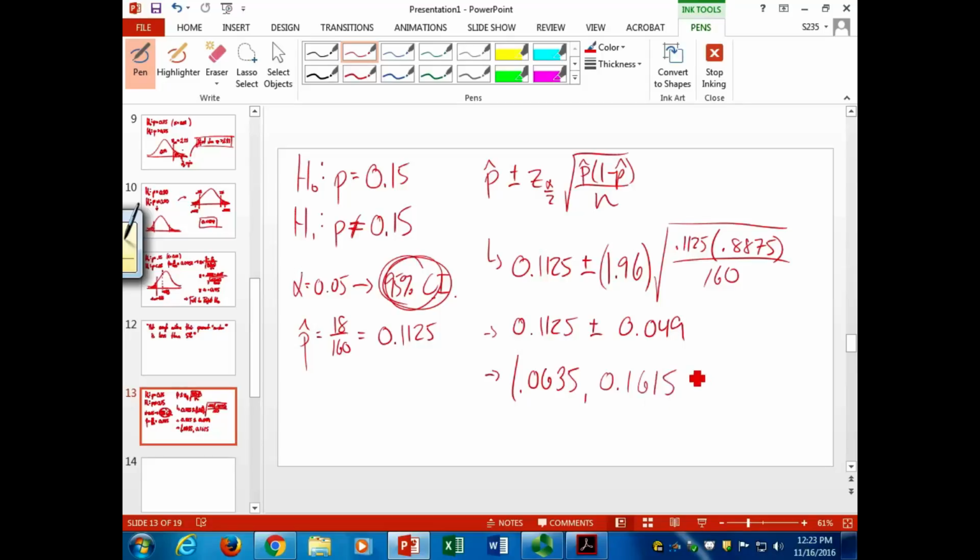Okay. So the way you use the confidence interval then is we got our confidence interval, and so we say, is the claim contained inside that interval? So does this interval cover 15%? It does, right? So notice that 0.15 is in this interval.